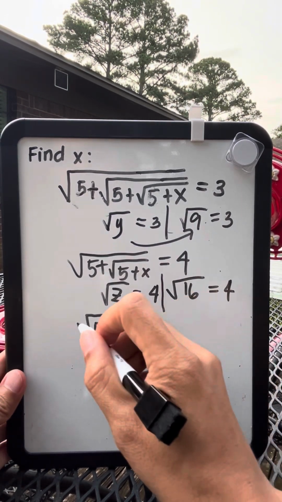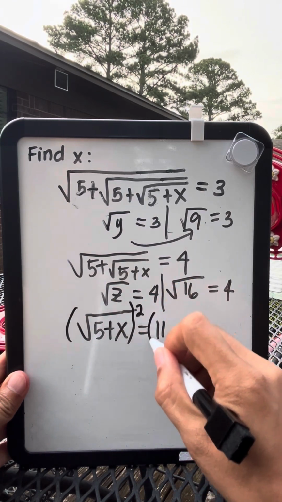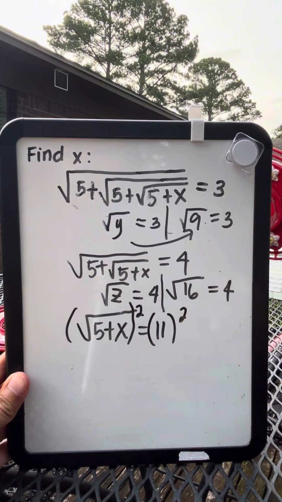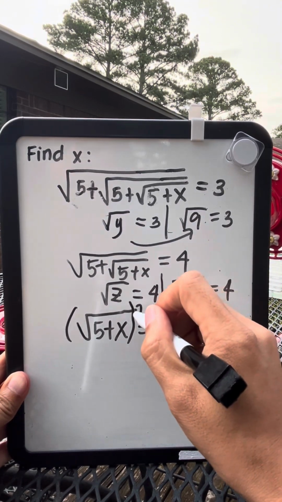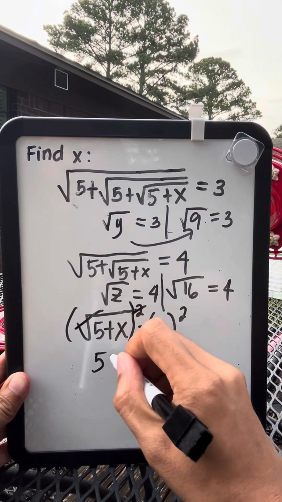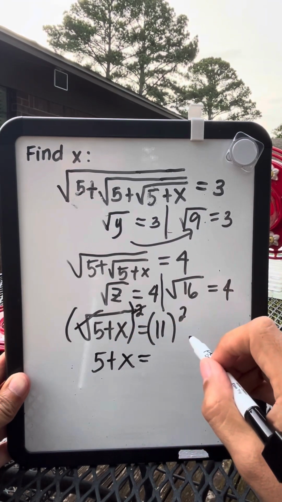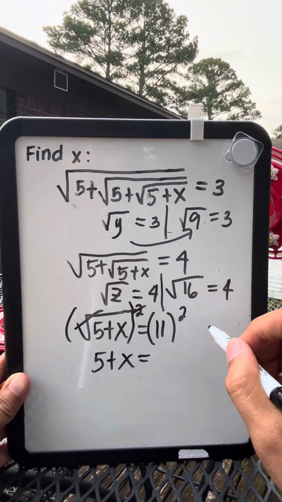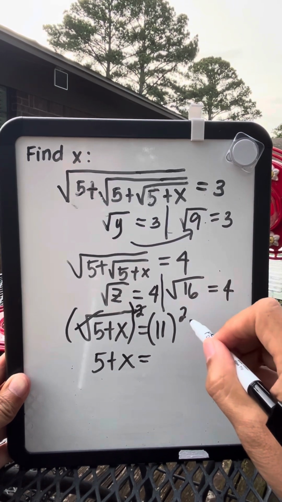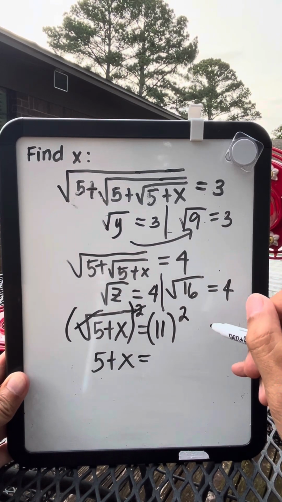So the last step is we can square both sides. Okay, so we can eliminate the radical sign and we are left with 5 plus x. And to expand 11 squared, remember that the exponent tells us how many times we multiply the base by itself.